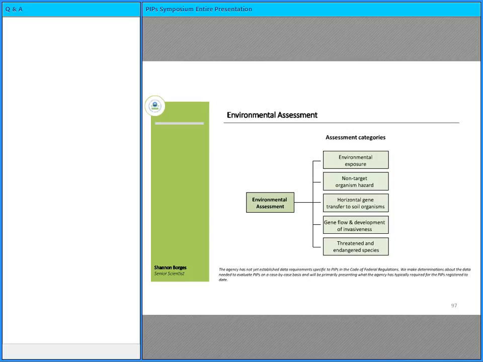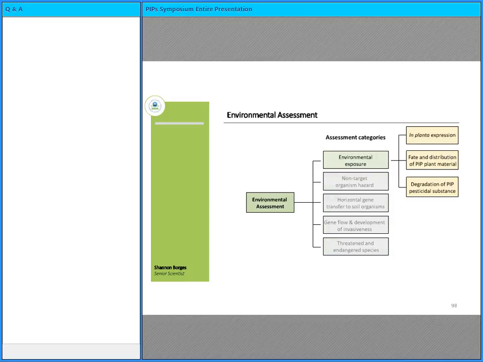That includes environmental exposure, non-target organism hazard, horizontal gene transfer to soil organisms, gene flow and development of invasiveness, and threatened and endangered species. I'm going to give you a little more detail on all of these, but not all of these necessarily require a data submission, and I'll explain more in my next couple of slides.